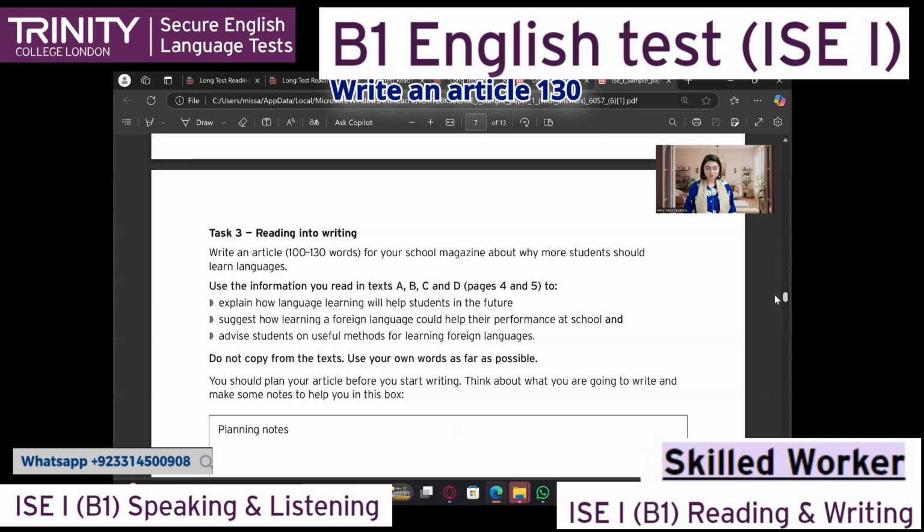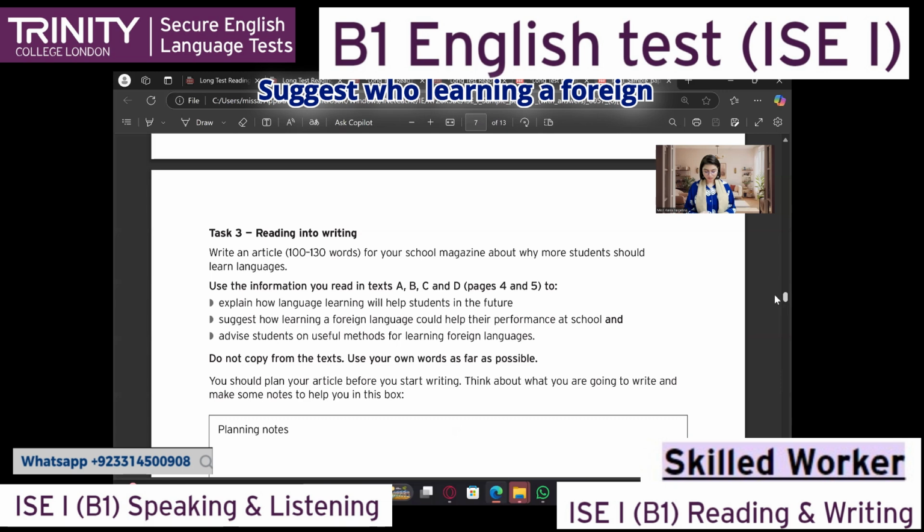Write an article, 100 to 130 words, for your school magazine about why most students should learn languages. Use the information you read in text A, B, C, and D, pages 4 and 5, to explain how learning will help students in the future.